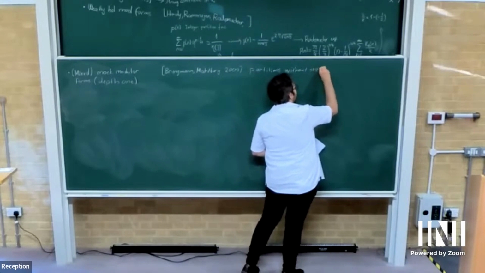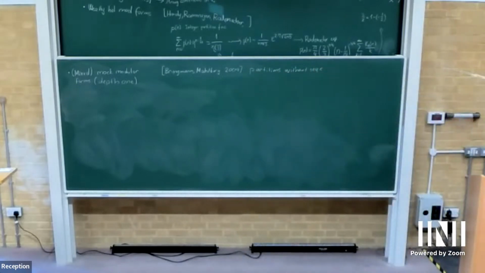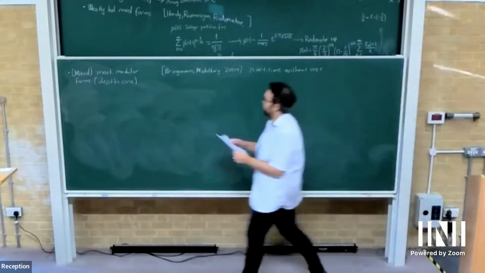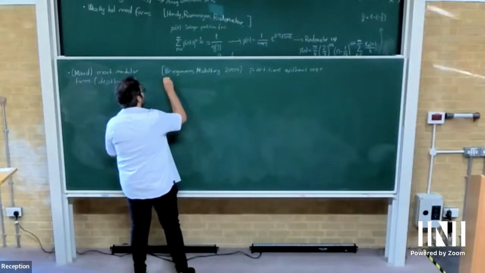By which I mean you have any integer partition, but you don't allow consecutive numbers to be counted. The generating function is found to be a mixed mock modular form.